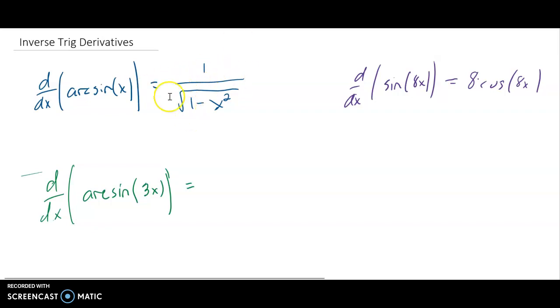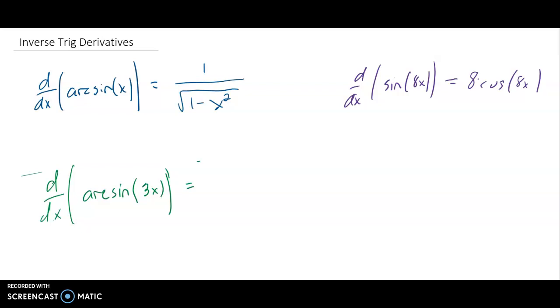The arcsine here is sometimes a little funky dealing with the chain rule for people. But if you can think of what's going on here, then you should be able to do this one. So what we can think about is that arcsine of 'of' is 1 over the square root of 1 minus 'of' squared. So here our 'of' is the 3x.